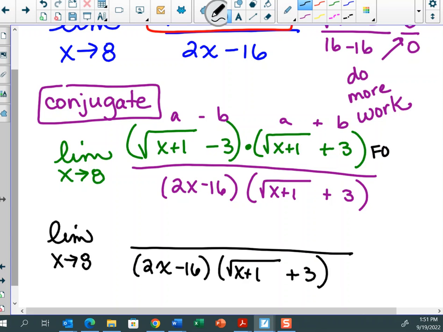The conjugates, I am going to multiply those. I'm going to FOIL those. First, outside, inside, last, multiplication. And the cool thing about a conjugate is when you multiply two conjugates, the same thing always happens. You end up with a, whatever the a was, but squared. So when you square the square root of x plus 1, you get x plus 1.